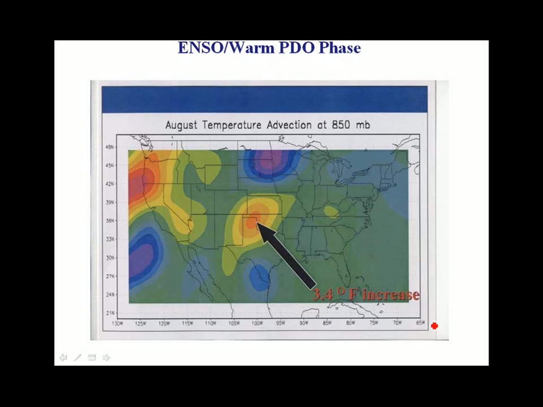Well, we know from what we've learned this semester, to produce precipitation, you have to have sufficient moisture, that's number one, and then you have to have a way to lift that moist air.